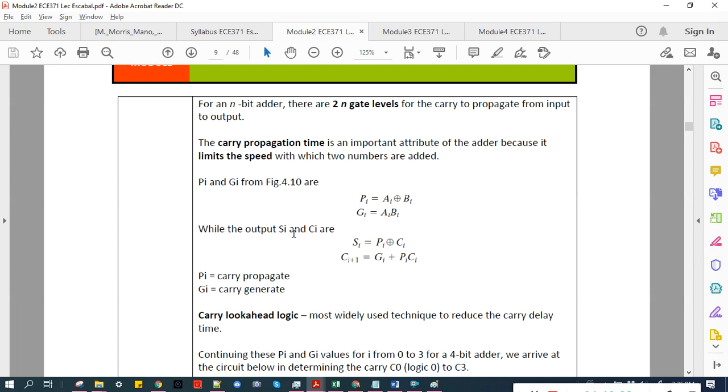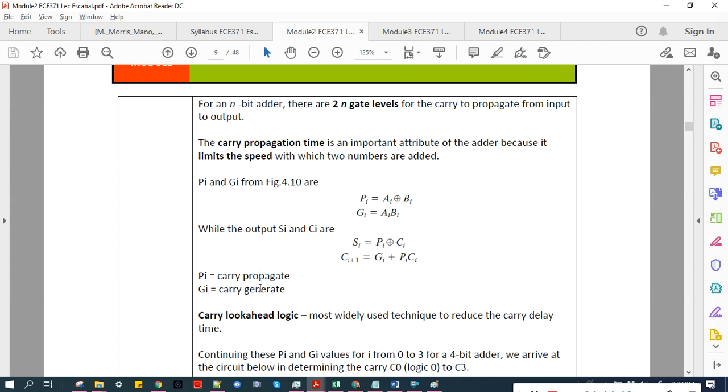Well, the output Si and Ci are, let's sum the carry. Look at that, somewhat the same. Pi stands for the carry propagate, and Gi is equal to the carry generate. So what we are trying to do here is to express the carry in terms of the carry propagate and the carry generate.